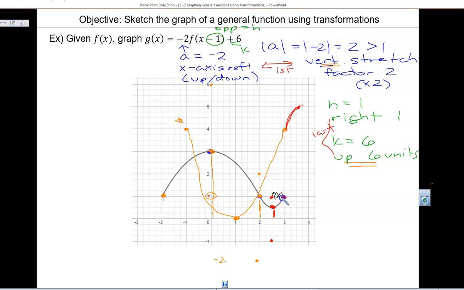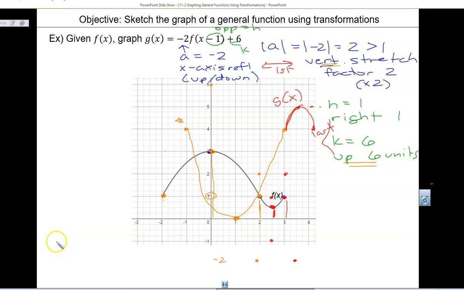And then our final point, it stretches to 2, reflects down to that negative 2, moves up 6 and moves right 1 and ends up right there. And there's our g of x.